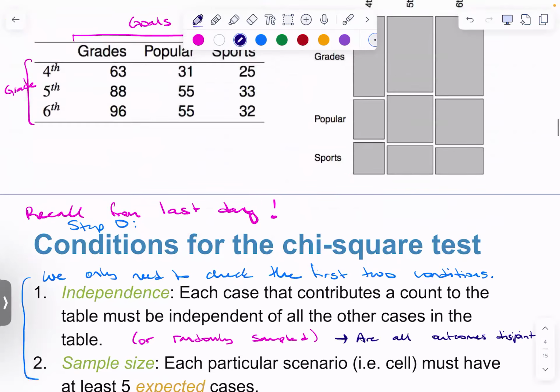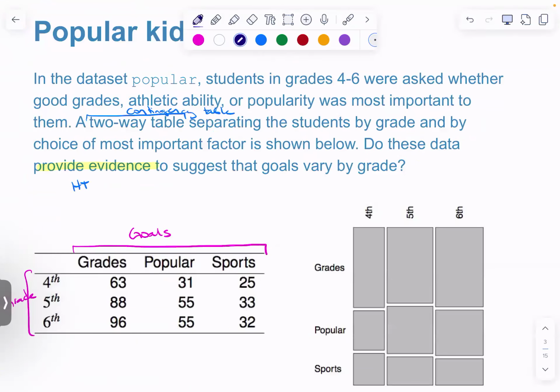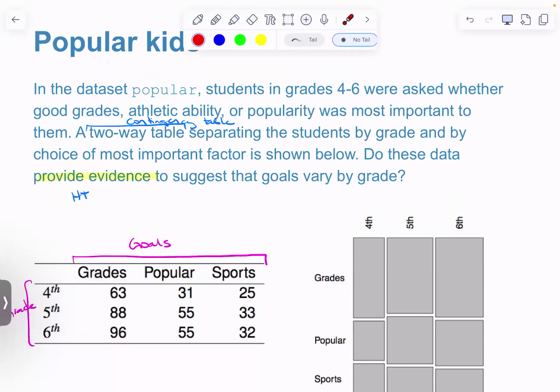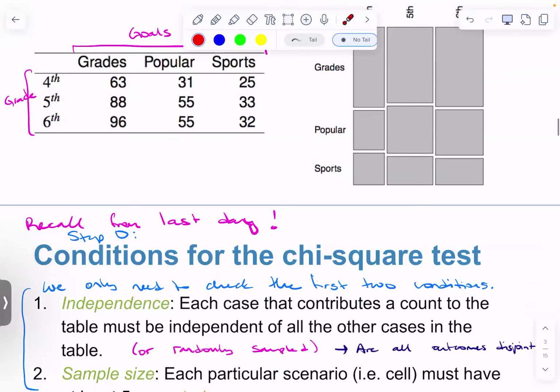If you're choosing your most important factor, you only get 1. They're all important to me. No, you have to pick your most important one. Fine. Grades, I guess. Popular is probably a bad one, but sports might be nice. Anyways, all those outcomes are disjoint. That's great.